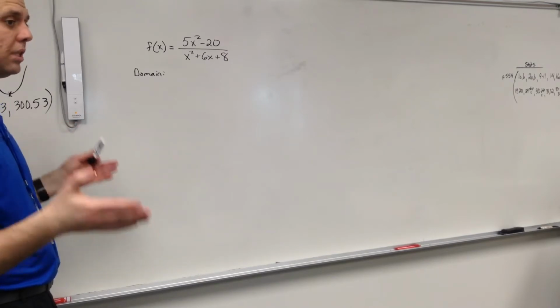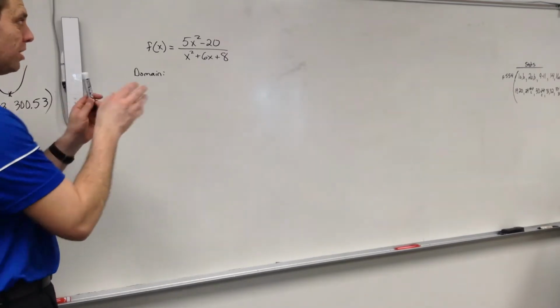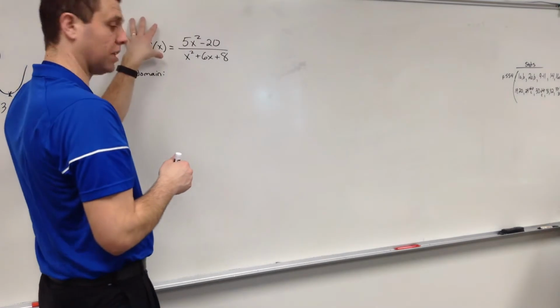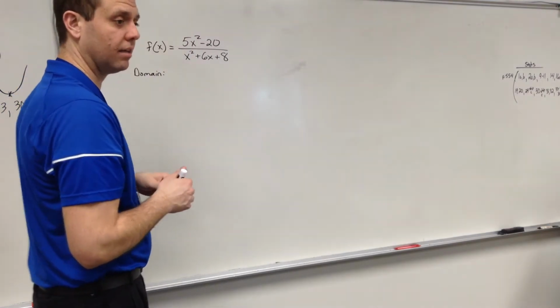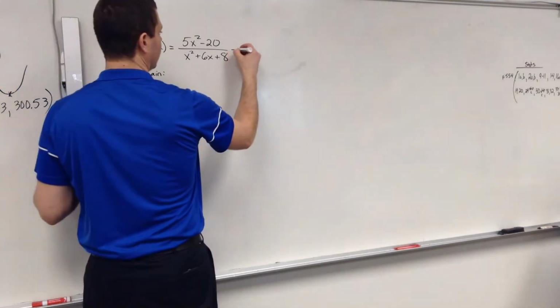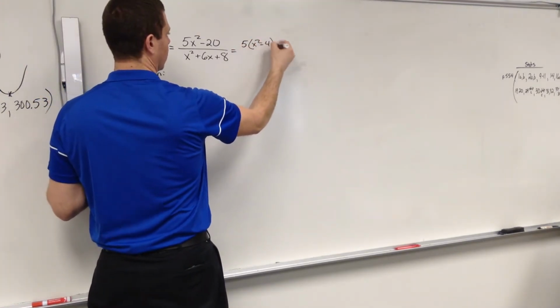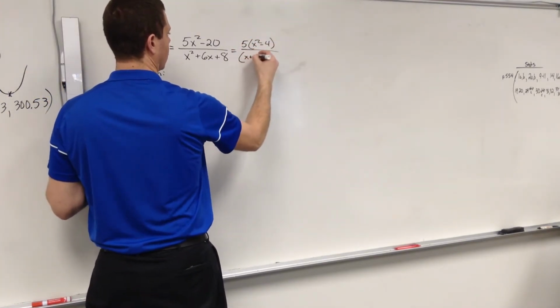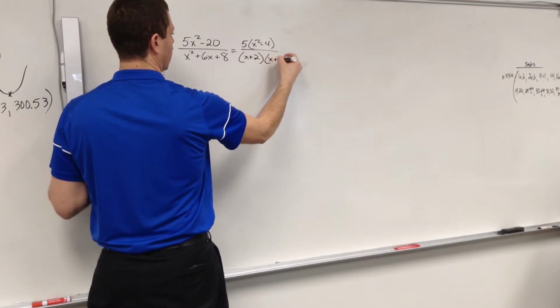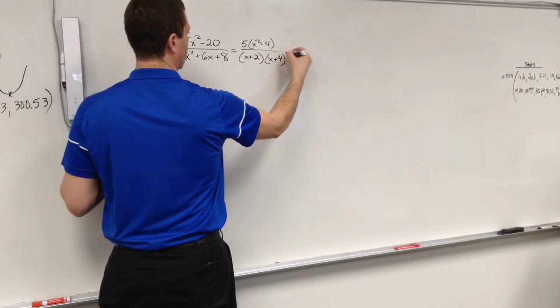The domain is only x values that you can actually substitute in for x, and it'll give you a real answer for y. Now the best way to see that is usually to factor everything, and then that would be 5x plus 2x minus 2.